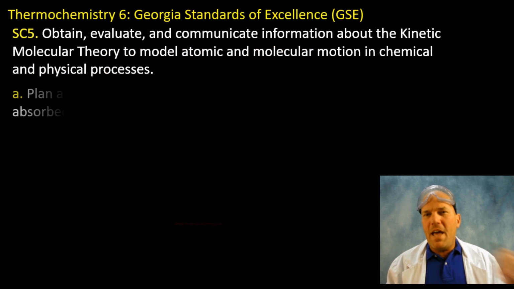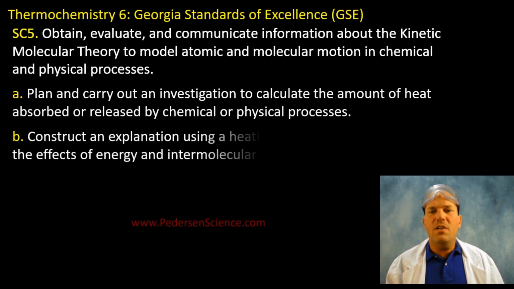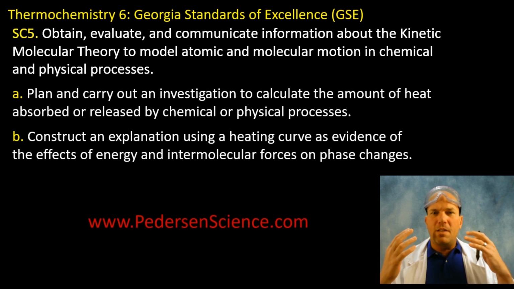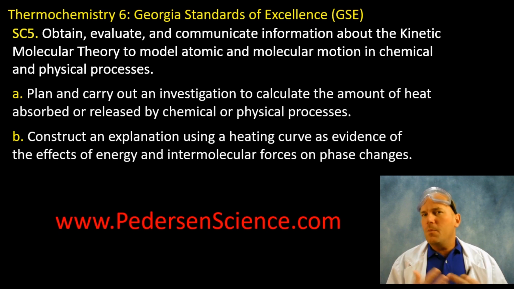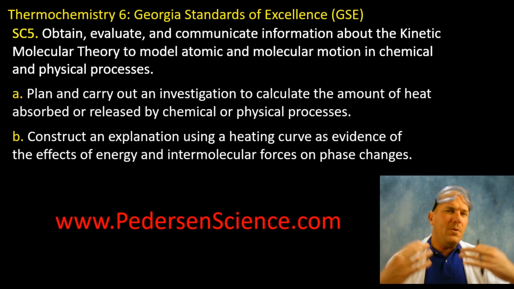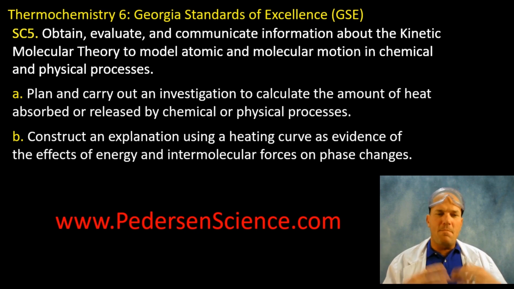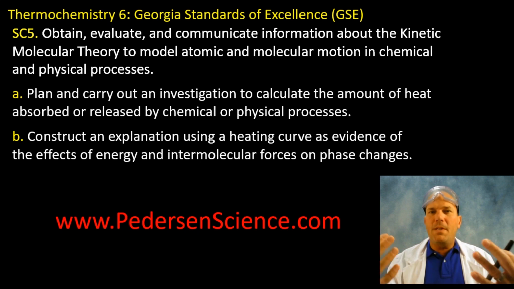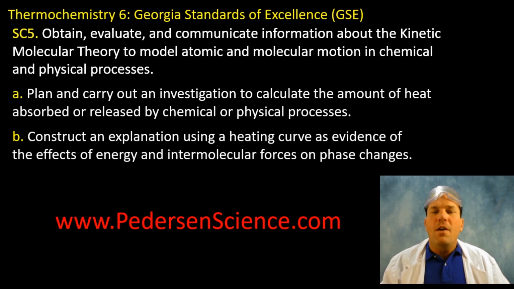So you have now looked at these heating curves, and we've looked at them conceptually in Thermochemistry 5, and in Thermochemistry 6 now we've done a mathematical computation to be able to explain and quantify what is occurring during a phase change. I'll see you guys in class.